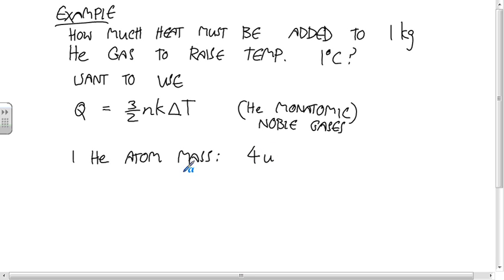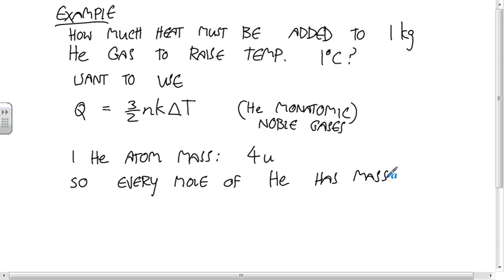So every mole of helium has a mass of 4 times 10 to the minus third kilograms.